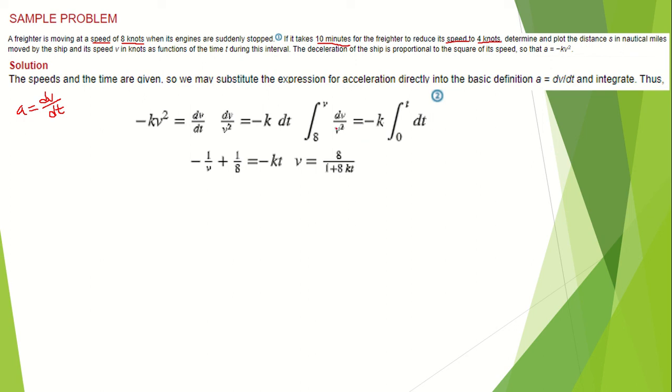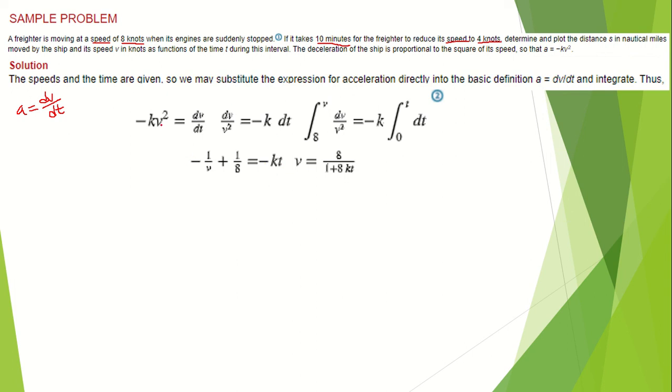Then you integrate, so we have v to the minus 2 plus 1 over minus 2 plus 1, so you'll get negative 1 over v. When you substitute the limits, the upper limit is v, then plus substituting the lower limit, which is 8, so we have 1 over 8 equal to minus kt.